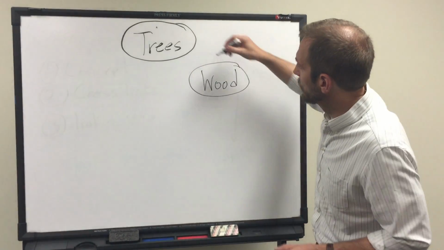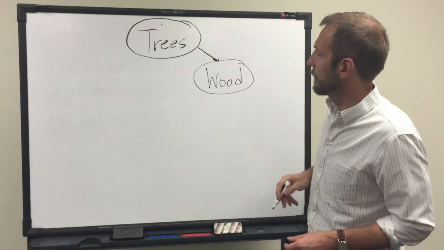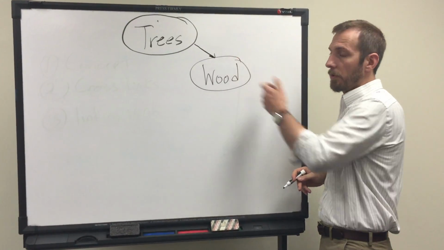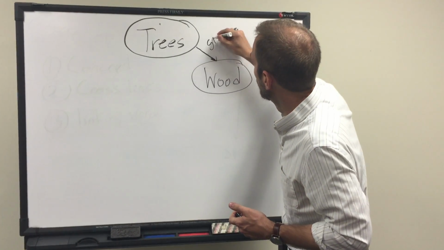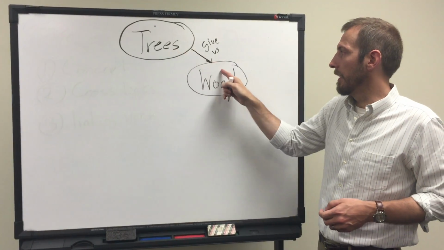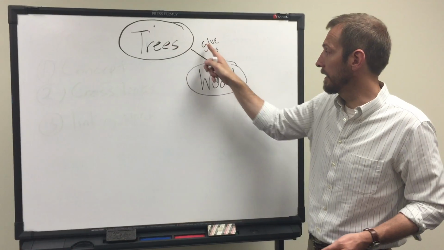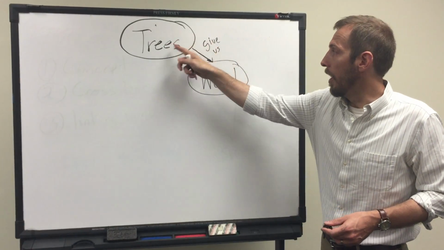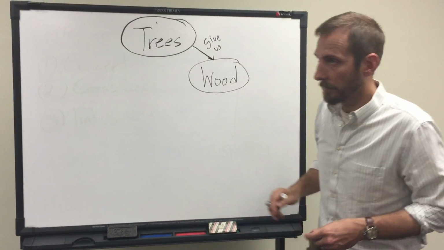And I'm going to use a crosslink here that says there's a relationship between the two. Now I'll use linking words to describe that relationship. So I'll say, trees give us wood. And you see that there's a single proposition here in a meaningful language unit. Trees give us wood. This should always be a meaningful language unit.